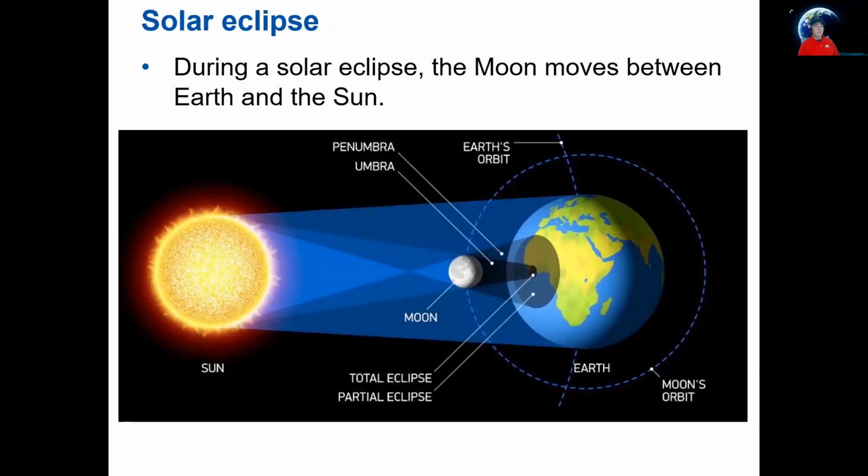Sometimes, when the moon orbits Earth, it moves between the sun and the Earth. When this happens, the moon blocks the light of the sun from reaching Earth. This causes an eclipse of the sun, or solar eclipse. During a solar eclipse, the moon casts a shadow onto Earth.